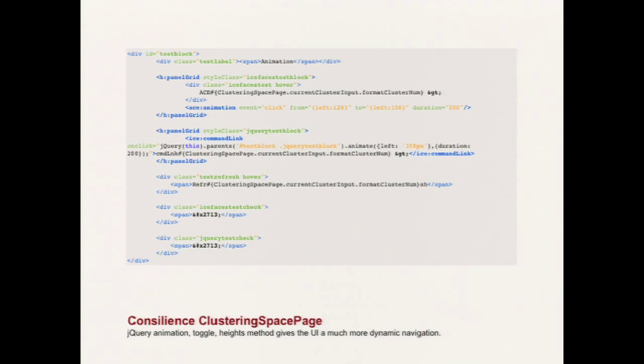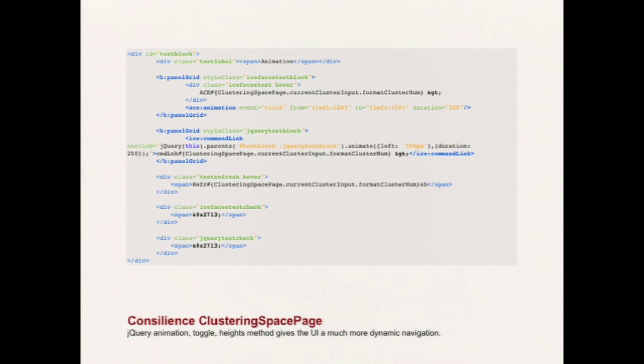Underneath that, we have another panel grid that contains the command link, and in that you'll see the on click event triggering the jQuery, and we have the position and duration parameters set in there as well.